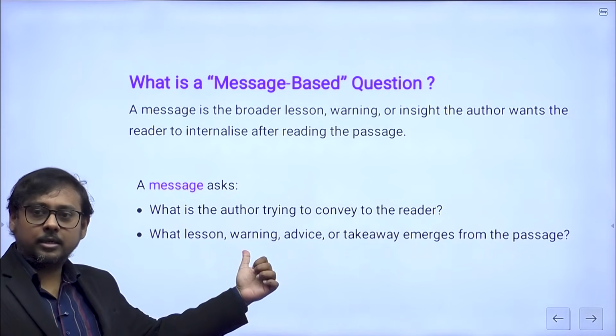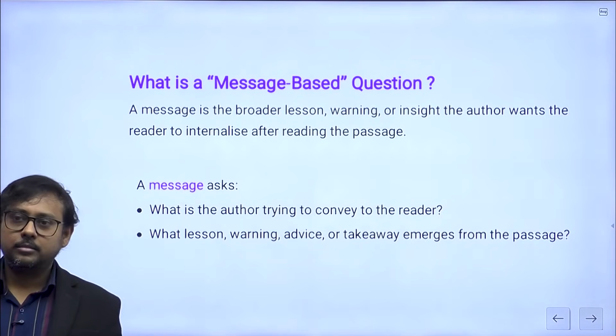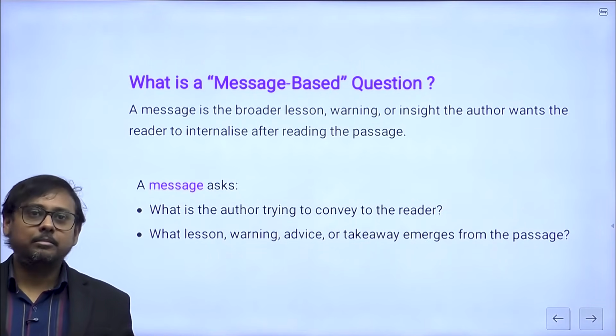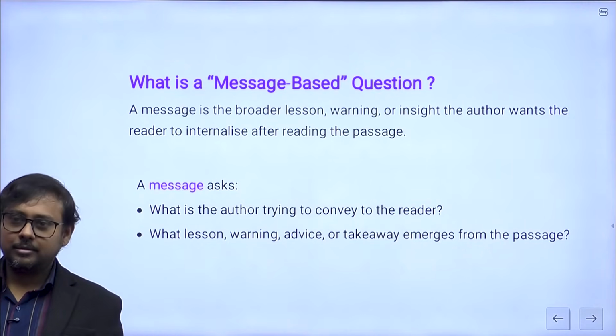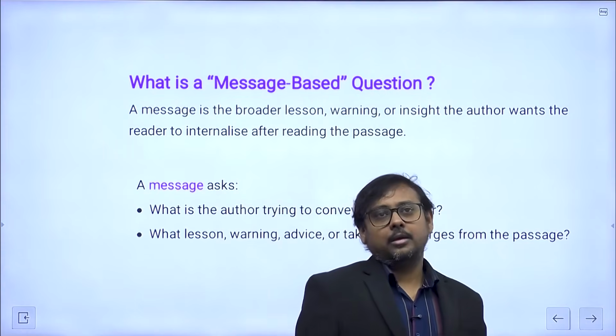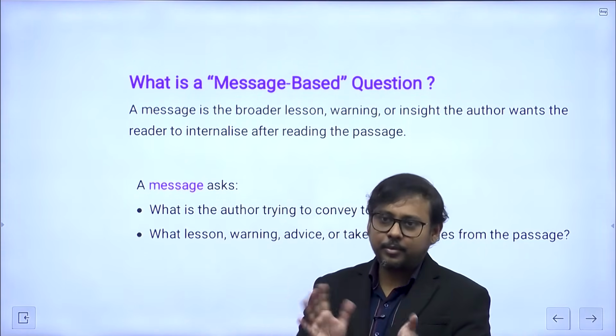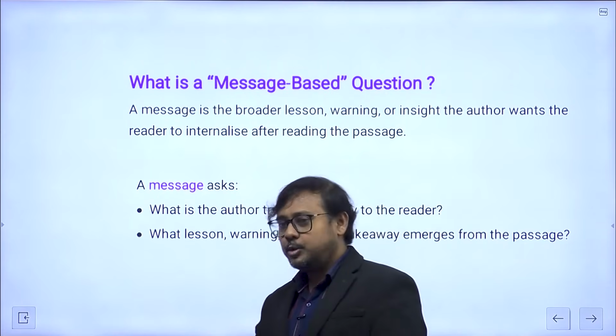In a message-based question, there has to be a conflict, there will be a problem. Whenever you write, if you're not a journalist, you will be writing because there is something you want to communicate. There is a problem and you want to communicate it. So a passage will have a problem.